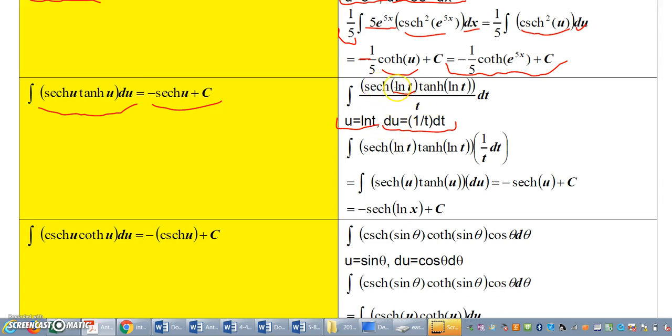Okay, now I'm going to rewrite this to make it easier for you to see how this works. I'm just going to write the numerator here, and then instead of writing that all over t, I'm going to pull the 1 over t over here and multiply it by dt. That way you can see that 1 over t dt is the du that I've stated right here.